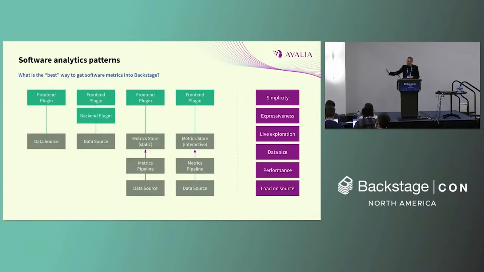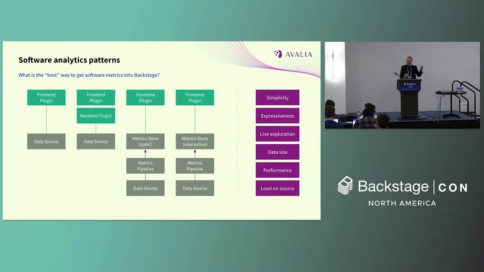So how do you get the data so that you can use it for visualization? And on this slide, I've tried to describe 4 patterns that range from very simple to more sophisticated. So on the left, this is usually what we start when we create the first Backstage plugins.